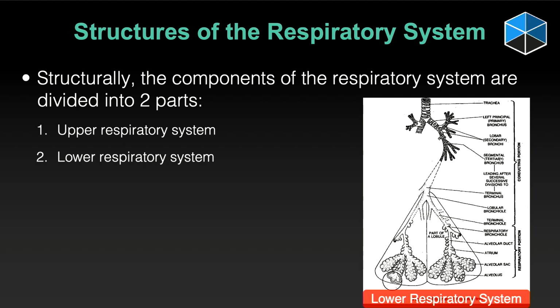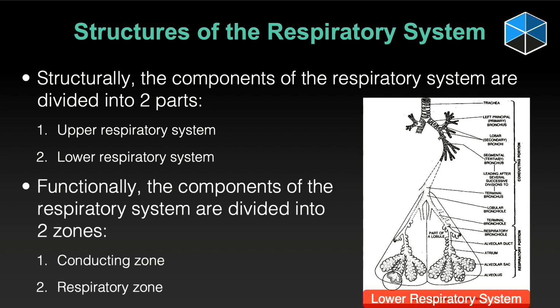But the lower respiratory system can be functionally divided, not just structurally, into conducting and respiratory zones. And you can see those bracketed over here on the right-hand side. The first part of the lower respiratory system is referred to as the conducting zone. Air is conducted, air travels through this zone.